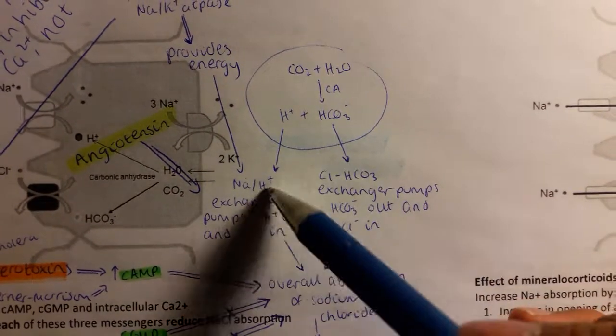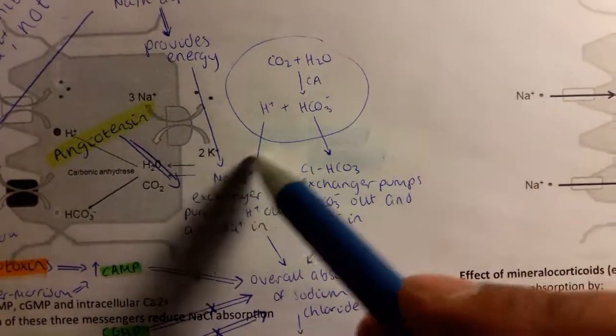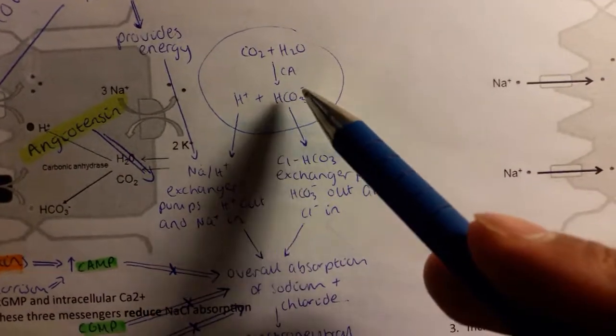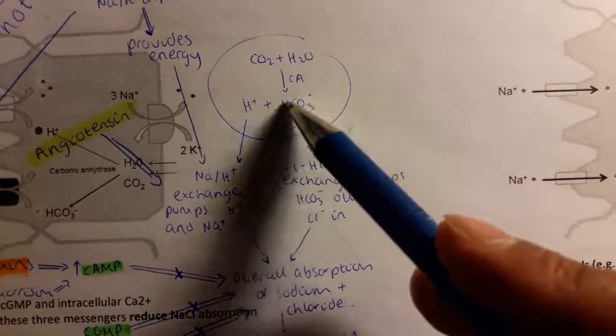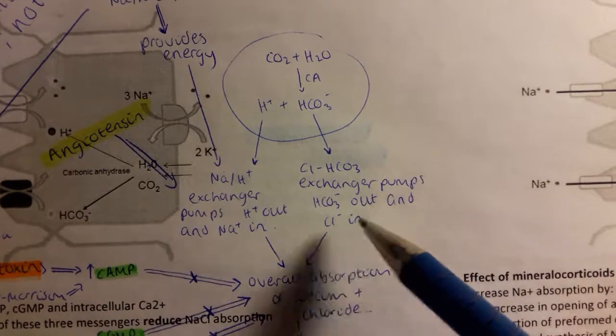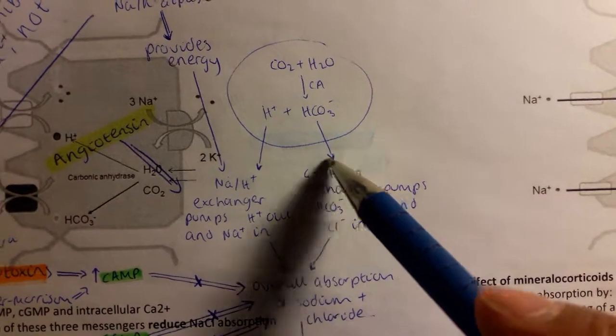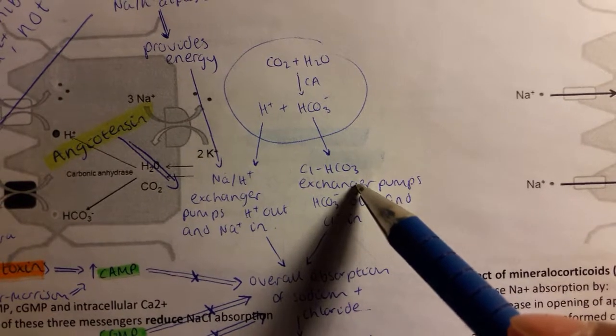The hydrogen is pumped out and the sodium is absorbed through the exchanger, but also, and this refers to the parallel part of it, the bicarbonate is pumped out and the chloride is pumped in through the chloride bicarbonate exchanger. So essentially what's pumped out?